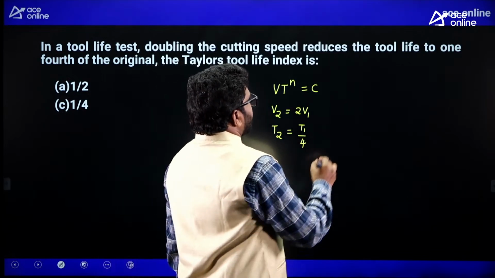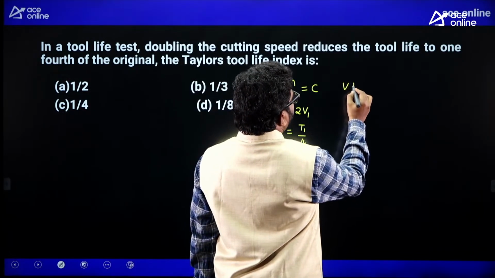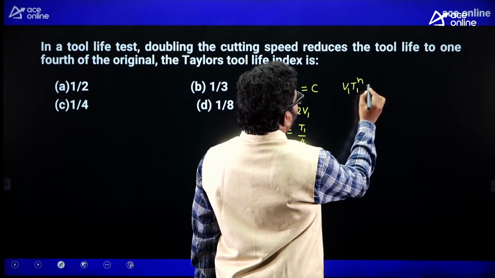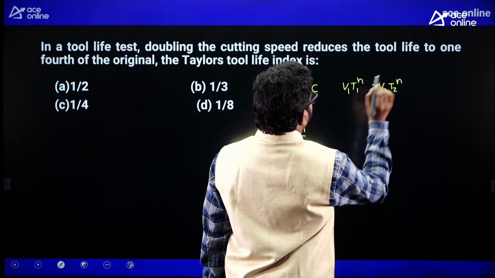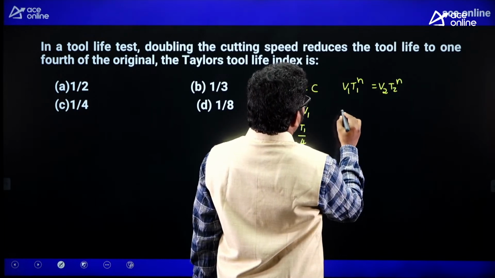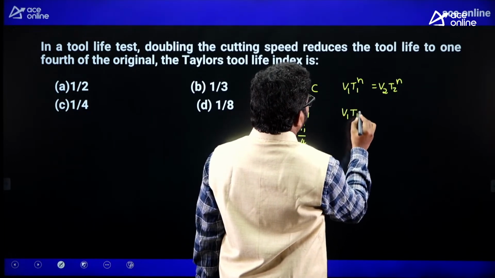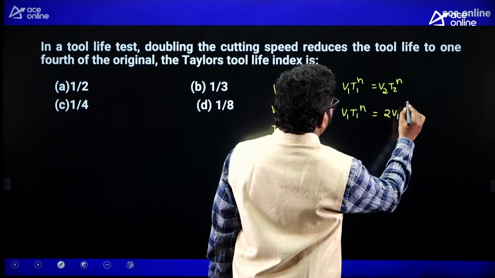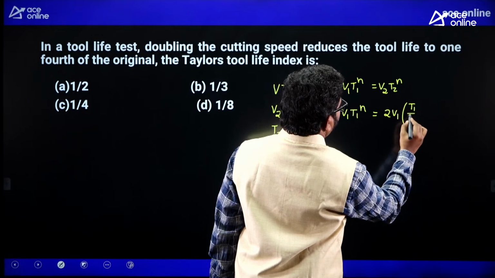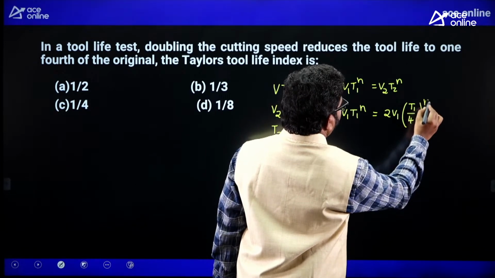So this is the data given. From this, V1 T1^n equal to V2 T2^n, right? So V1 T1^n is equal to 2V1 into (T1 by 4) whole power n.